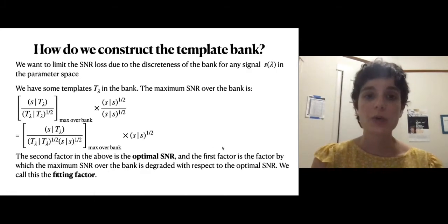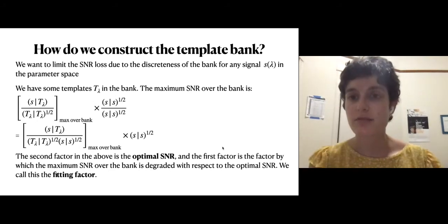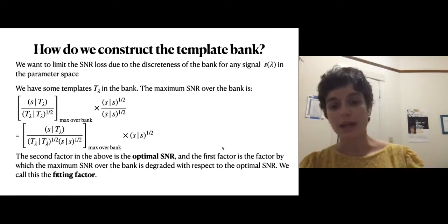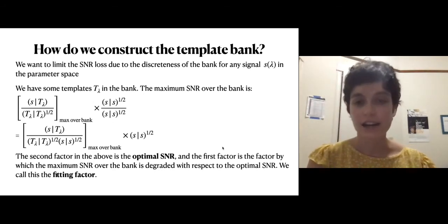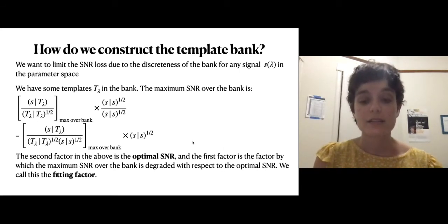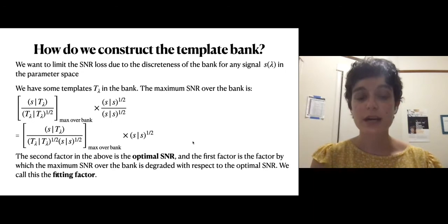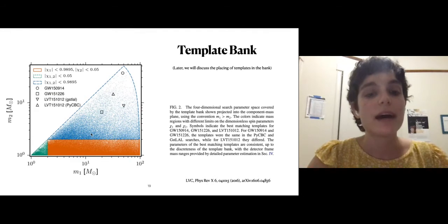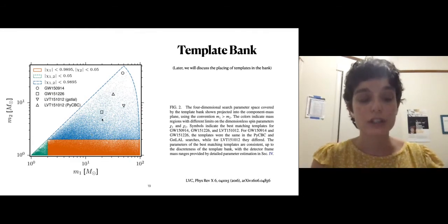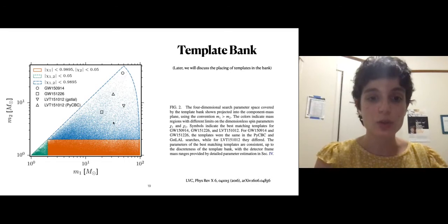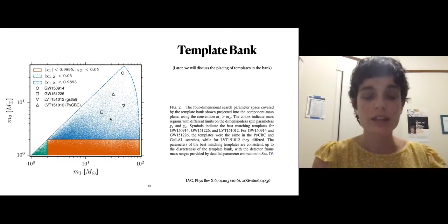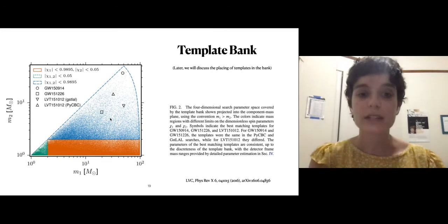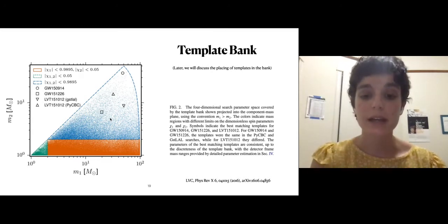Okay, so how do we actually construct the template bank? It seems like we maybe just have to be lucky and have a template that matches the signal we're looking for. Well, as you may remember from the image of the template bank, we want to place these dots densely enough so that for any signal from some real M1 and M2, from some real pair of black holes with these masses, we want the overlap between the template and the signal to be close.